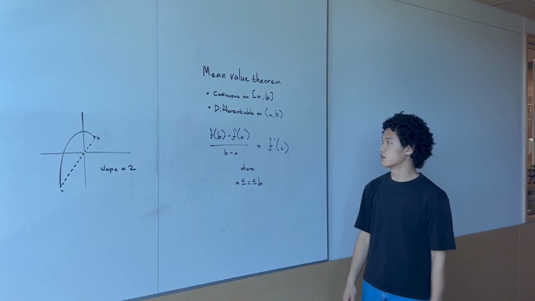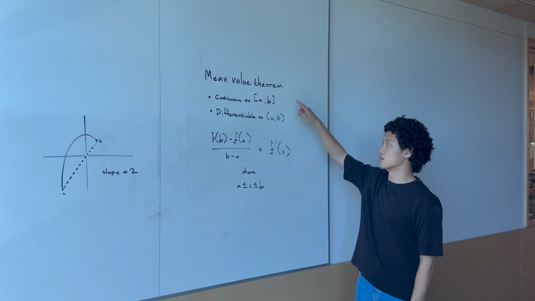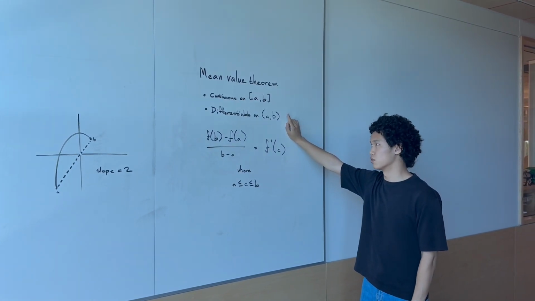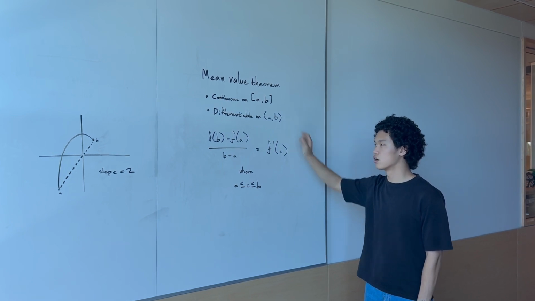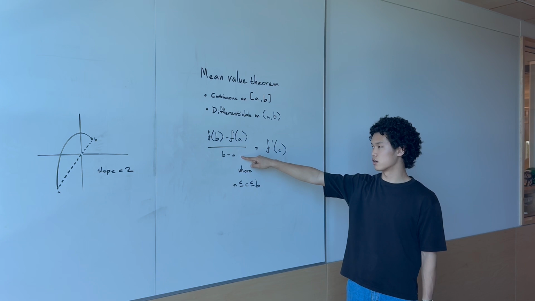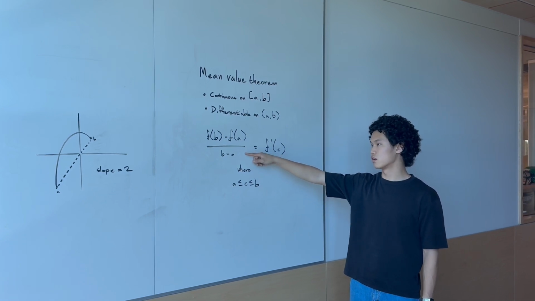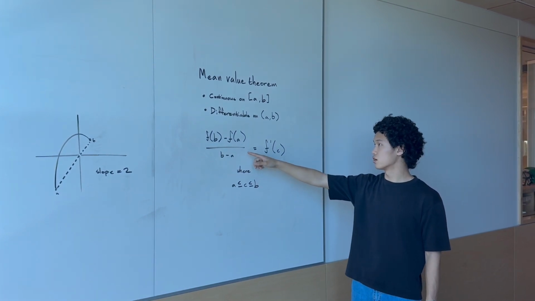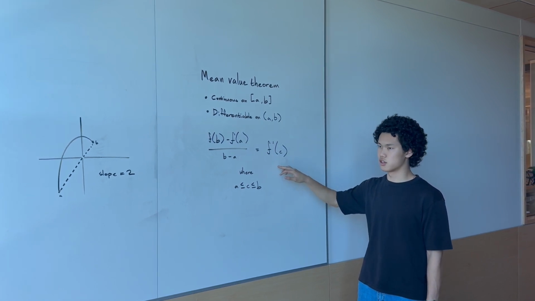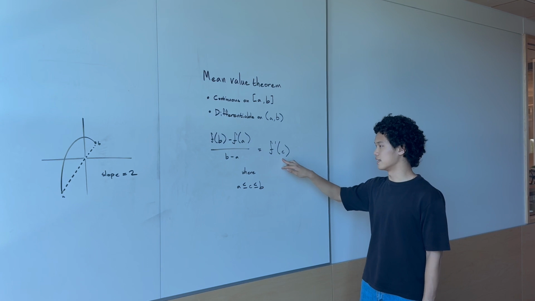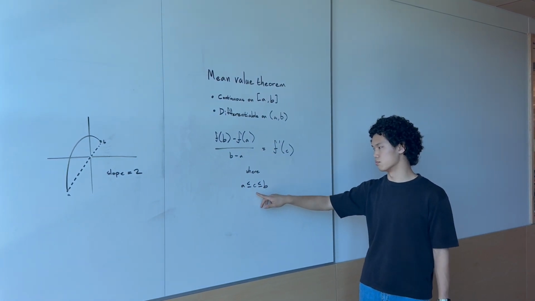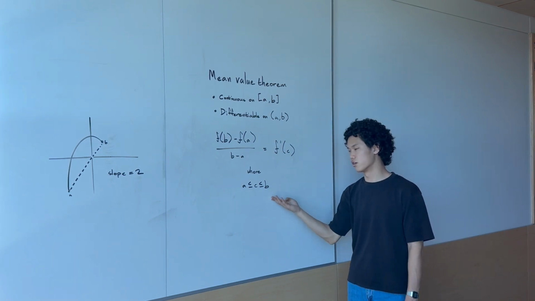This theorem states that on a function that is continuous on a closed interval and differentiable on the open interval a, b, the average rate of change from a to b, which is represented by this expression, is equal to the instantaneous rate of change, or the derivative, at some point c that is greater than or equal to a and less than or equal to b. So pretty much on the interval a to b.